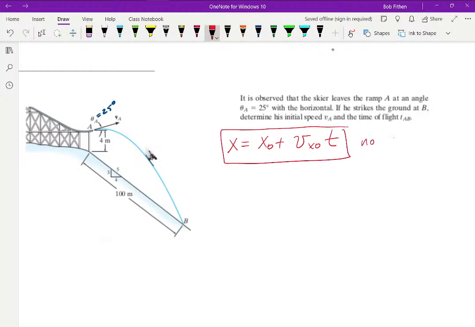No acceleration in the x. Y is equal to y naught plus vy naught t minus g t squared over 2.